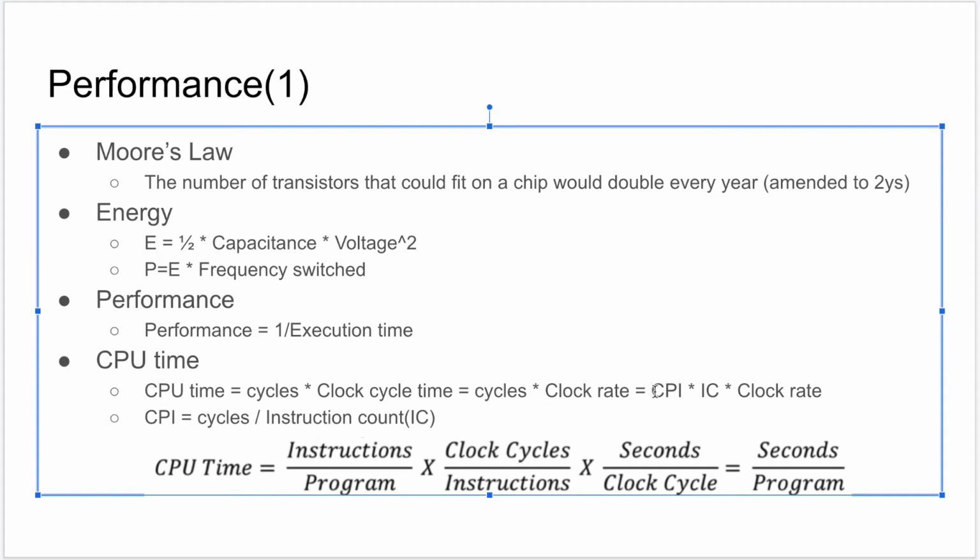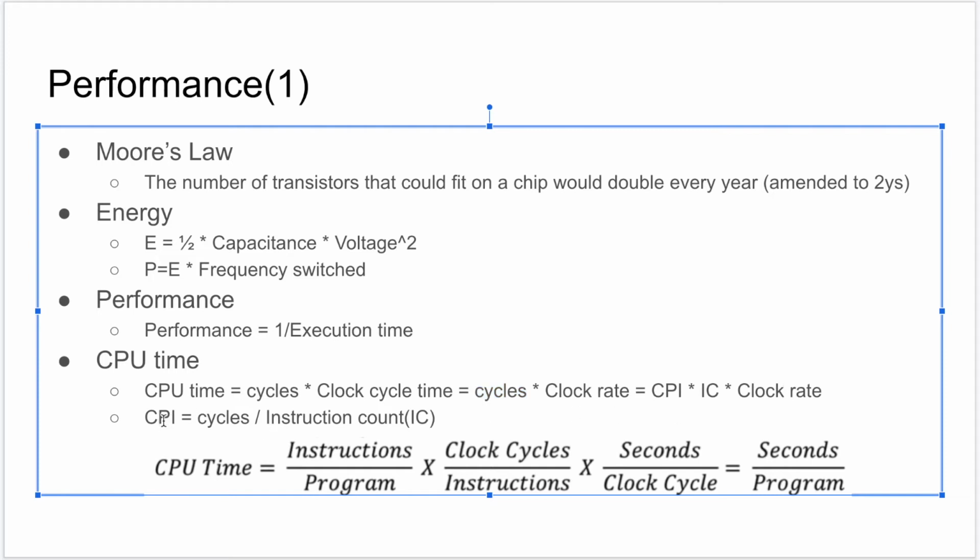And it is also CPI, cycles per instruction, times IC, instruction count, over clock rate. CPI times IC, cycles per instruction times instruction count, is the cycles. The clock rate doesn't change.